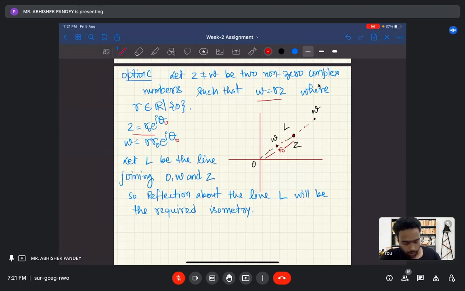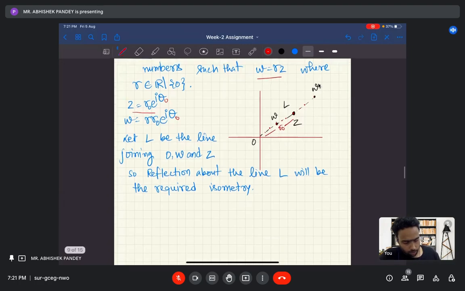Now what we need to do, let L be the line joining 0, W and Z. So this is the line, or if W is here, then this is the line. So let us call it L. So reflection about line L will be the required isometry.